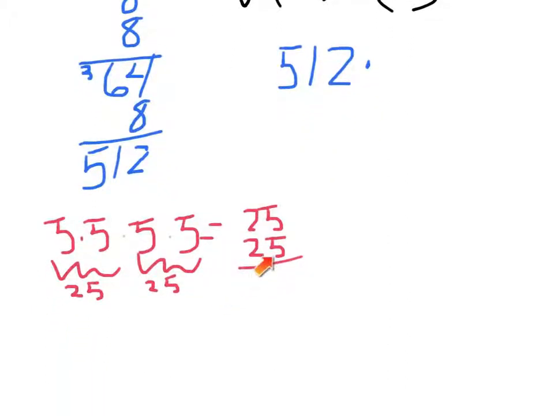Okay, so 5 times 5 is 25. Put down the 5, carry the 2. 2 times 5 is 10, plus the 2, 12. Then we have 2 times this 25 is what? 50, right? So 5, 2, and 6. 625.